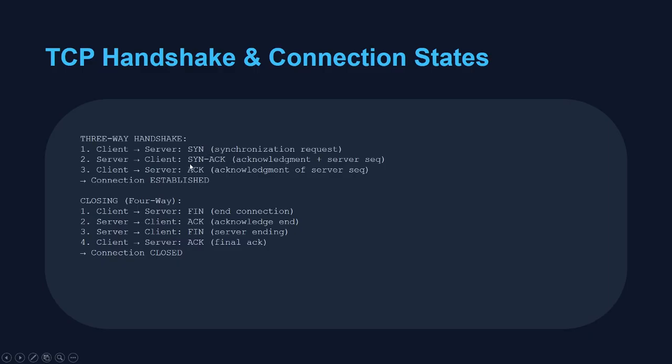Then the client sends the server an acknowledgement, meaning I understand. Then the connection is established. This is how any TCP connection is established: three-way handshake, SYN, SYN ACK, acknowledgement.